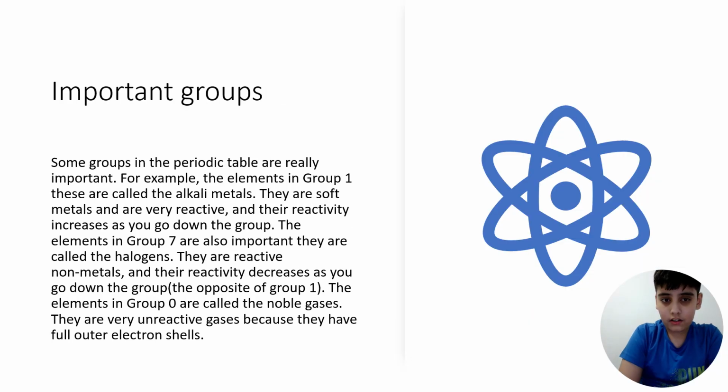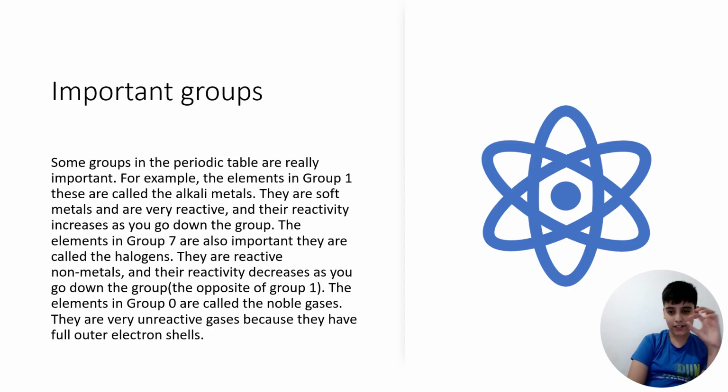Okay, so now we can move on to important groups. Some groups of the periodic table are really, really important, like group 1, which is called the alkali metals. They are soft metals, very reactive, and their reactivity increases as you go down the group.